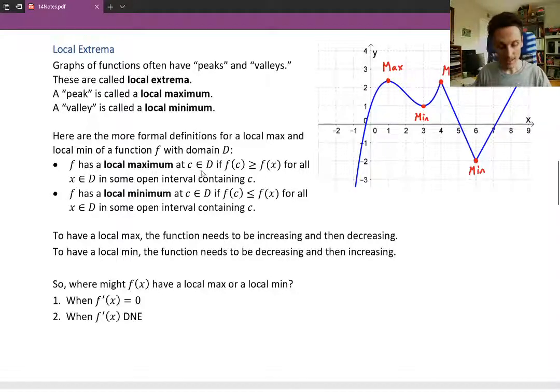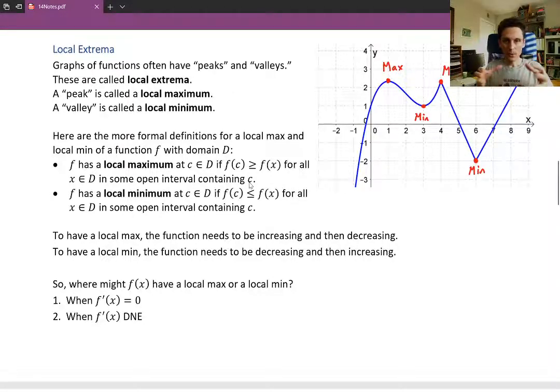So at c in D, if the function value at c is bigger than or equal to all the other nearby function values. So f of c is greater than or equal to f of x for all x in D in some open interval containing c.